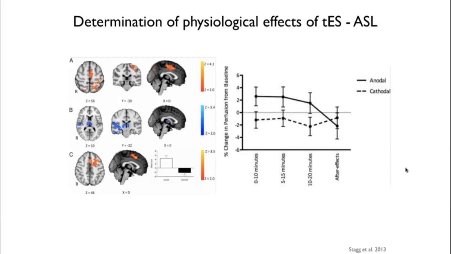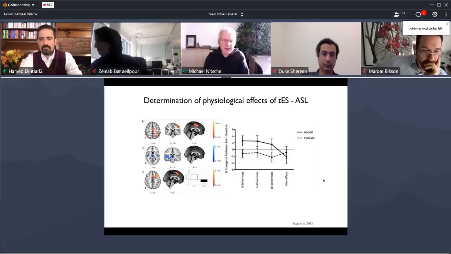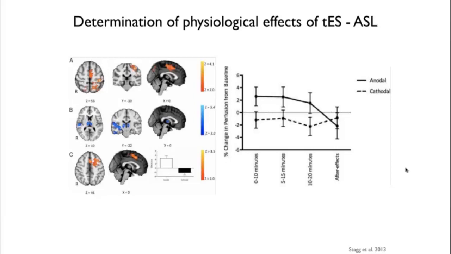This was not restricted to the DLPFC, but in subfigure C, the difference between cathodal and anodal tDCS shows a clear enhancement by anodal tDCS over the DLPFC. You can see also on the right side that this effect lasts for some minutes after the stimulation. It's also an interesting result.